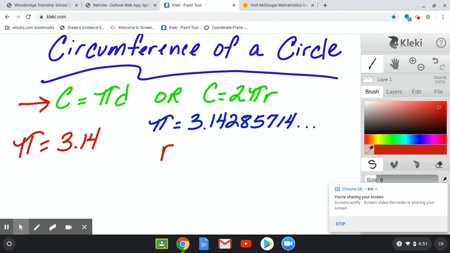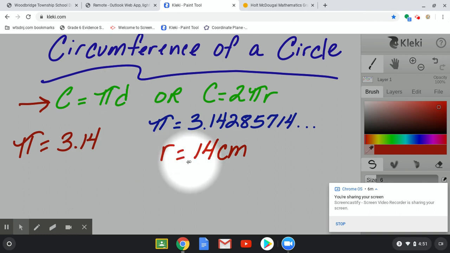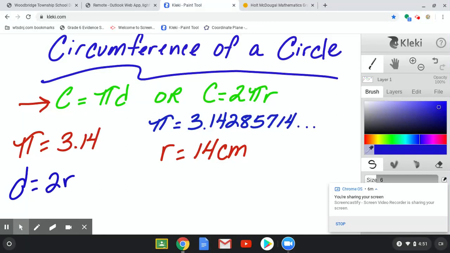So the information they're giving me is my radius of my circle is 14 centimeters. And they're asking us to find the circumference. I'm going to still use this formula even though it's telling me I need diameter. Well, I can figure out what the diameter is if the radius is 14 because we know that my diameter is equal to 2 times my radius.